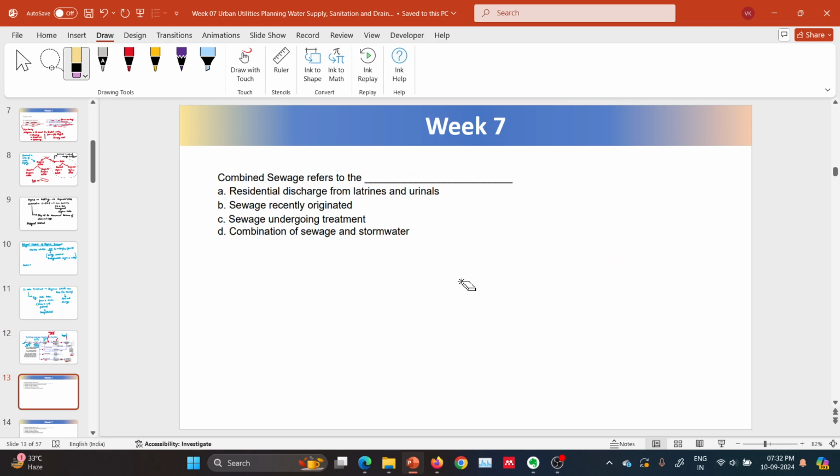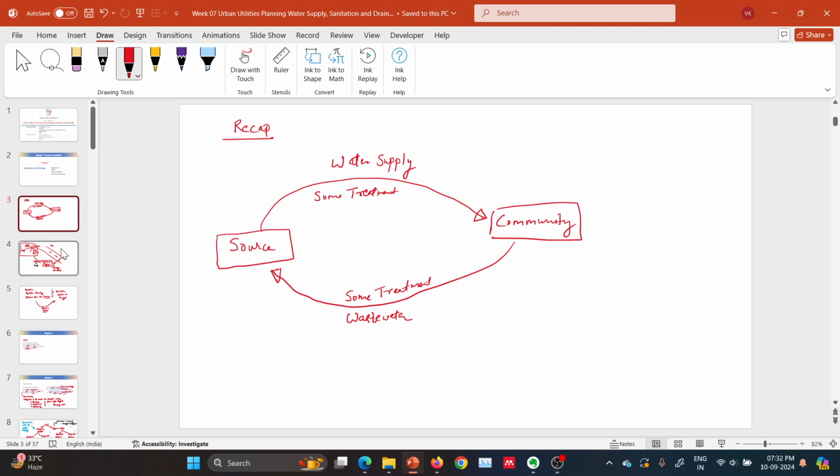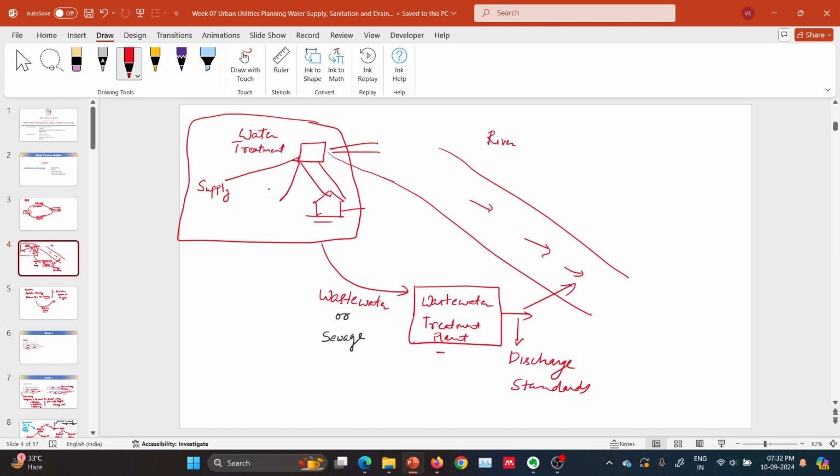What is the meaning of the term combined sewage? Combined sewage refers to residential discharge from latrines and urinals, sewage recently originated, sewage undergoing treatment, and a combination of sewage and stormwater. So we understood it like this: this is the community.